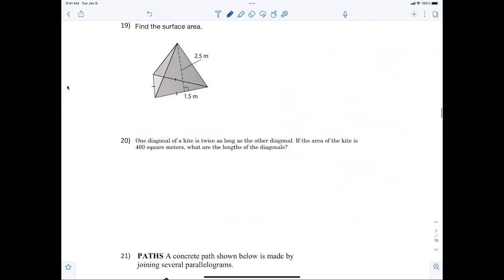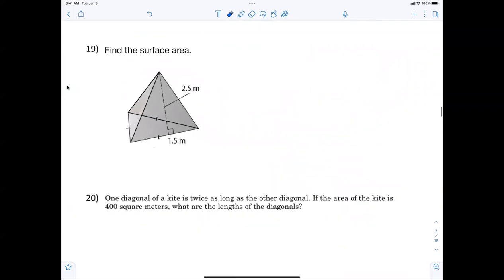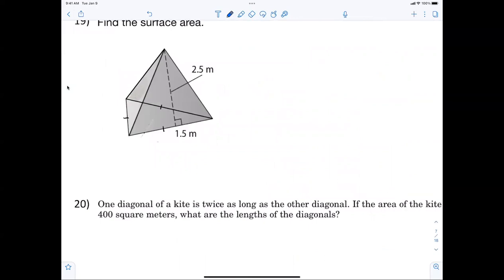All right, somebody asked me about 19. Now, the problem here is that's an equilateral triangle as a base, right? So area of the base plus 1/2 perimeter times slant height. Area of the base is just a triangle. So surface area is equal to, is that us?